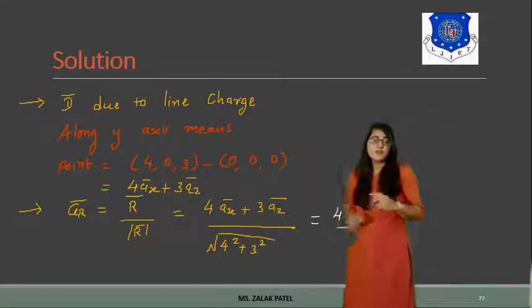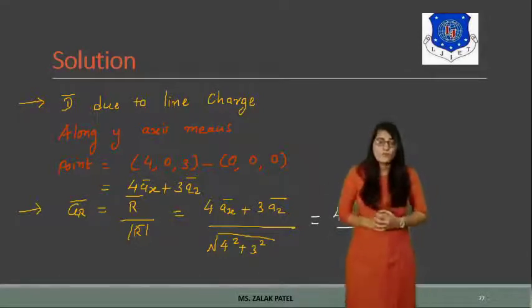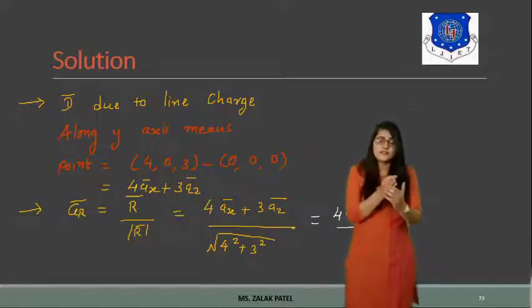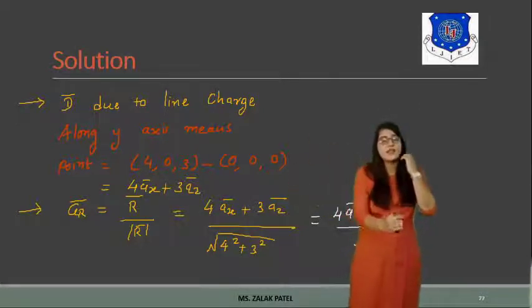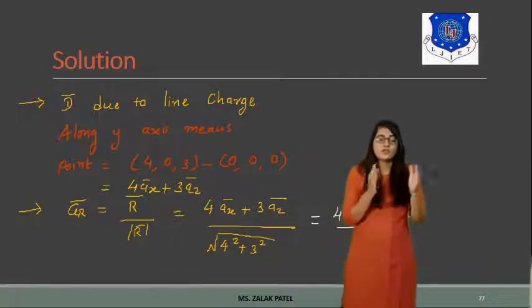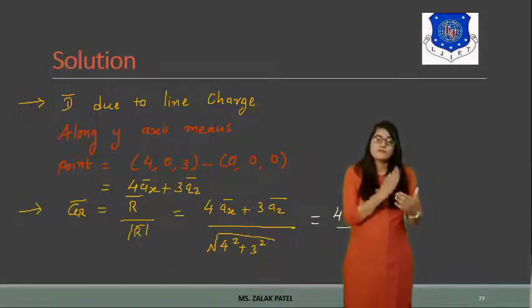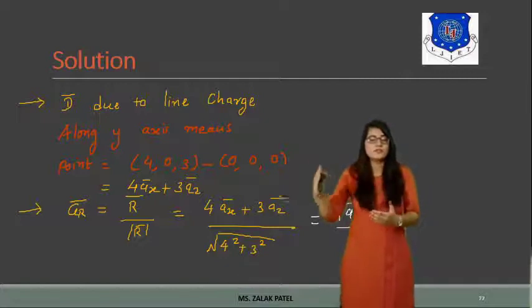If it is asked along the z-axis, then you put that particular coordinate the same as the desired point, so you put 3 as it is and the remaining x and y as 0, 0. In that case the point is (4,0,3) minus (0,0,3).